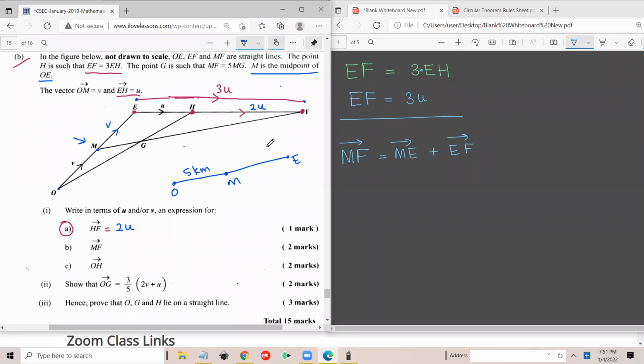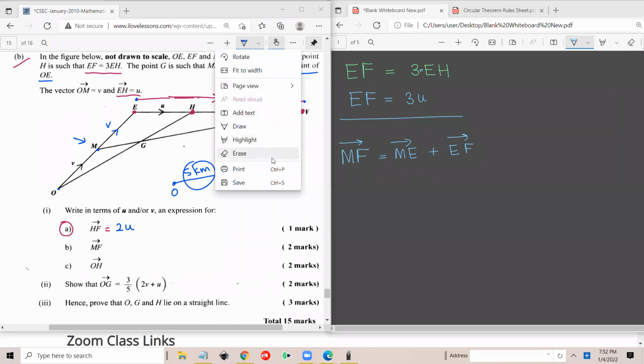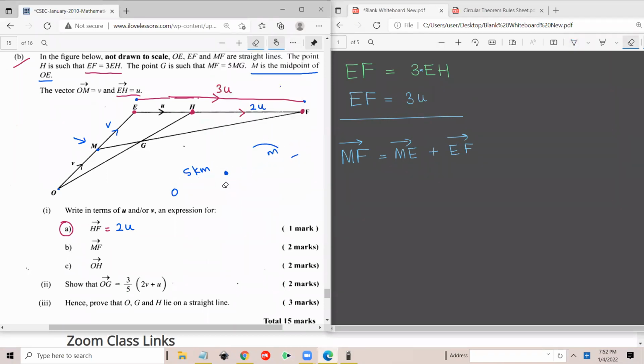Won't you have another 5 kilometers to run? The point is, if M is the midpoint, this value and this value have to be the same. So that means M to E is also V, because if from here to here is V, then you have to run another V to complete the race, right?